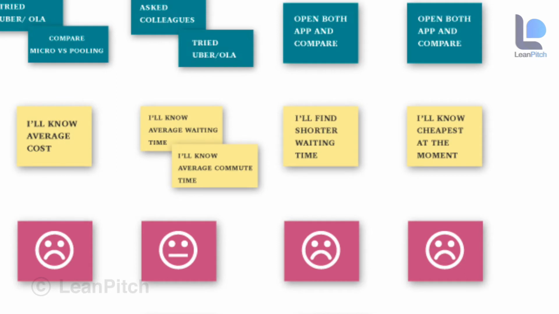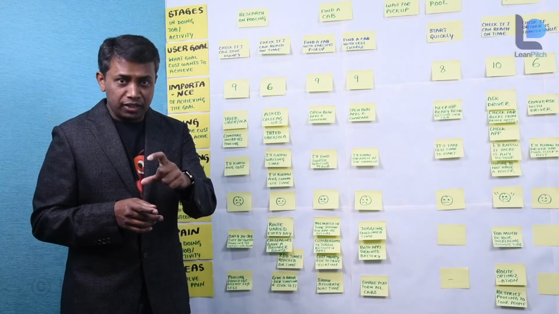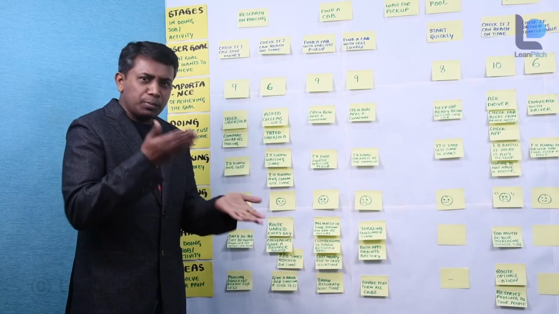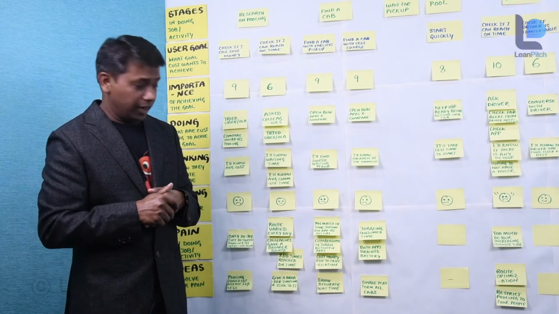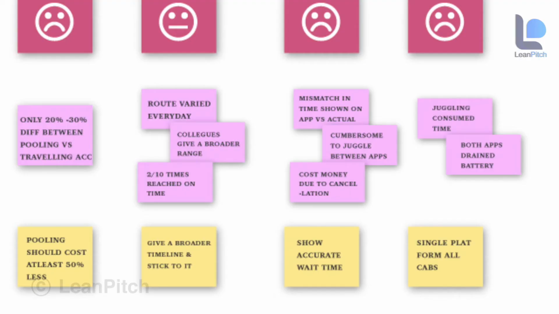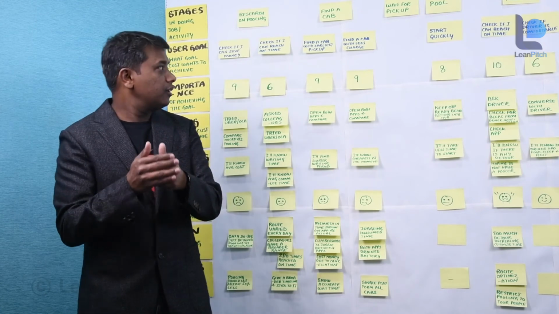He was unhappy because he said most of the time there was a mismatch between the actual wait time and what is shown on the app. Plus, he would spend time juggling between apps, it was consuming time, and his battery would drain. His idea is, even if it is a broader range, show accurate time so that you could be peaceful and know, okay, this is my waiting time.